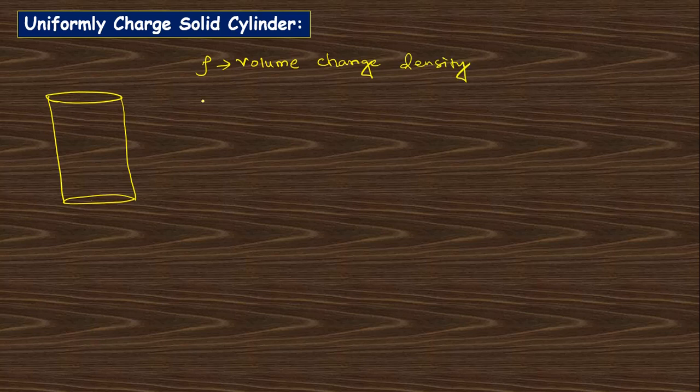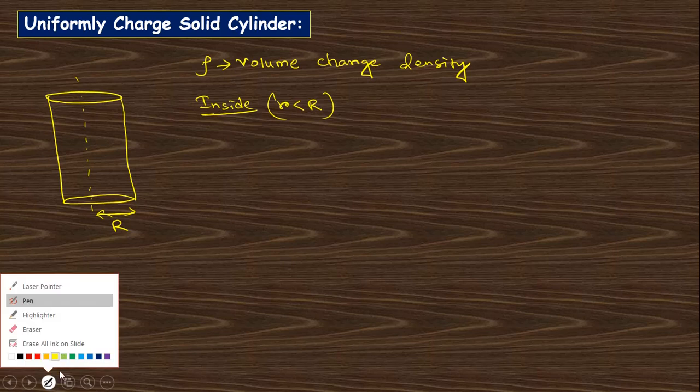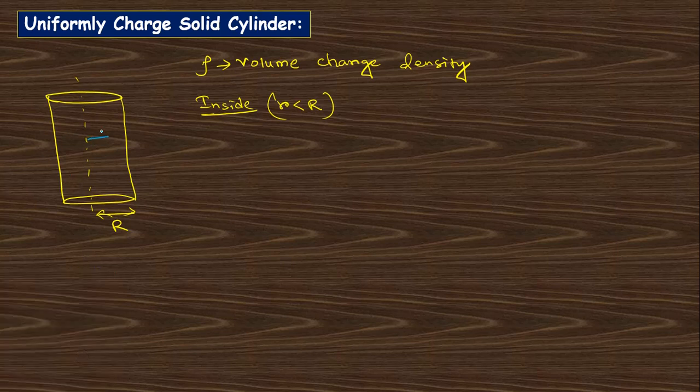If you want to find the electric field inside, meaning r is less than capital R, at a distance small r, which is less than capital R, you can take a cylinder like that with the length L.